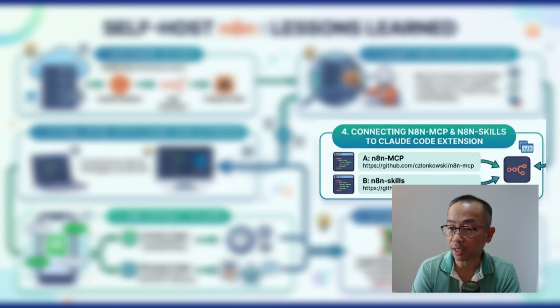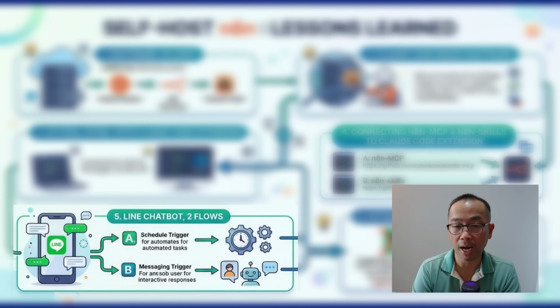I also connect it with n8n MCP and n8n skills. And with all these 4 parts, I will be able to construct a workflow from my local laptop and write it directly to the server.